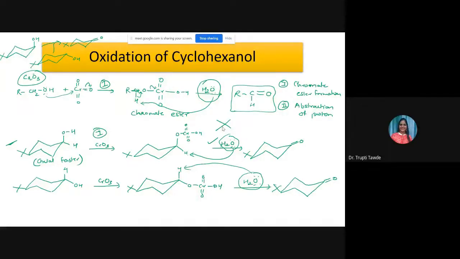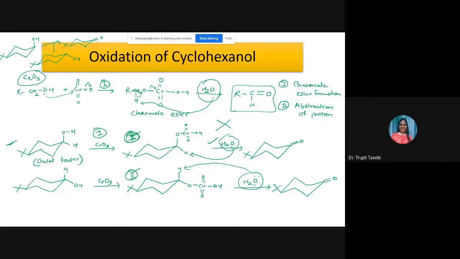Now look at step number 1. In the first case the chromate ester is formed. Look at the chromate ester. Here it is at the axial location and here it is at the equatorial location. Which chromate ester is stable, the first one or the second one? The second is stable. So the first one is unstable, and here the water will easily approach.